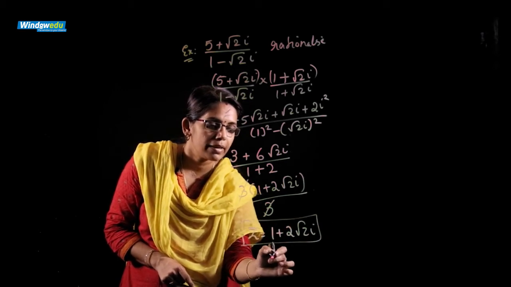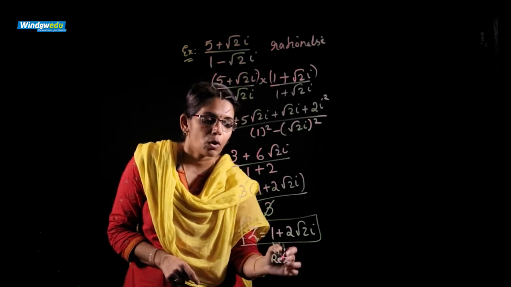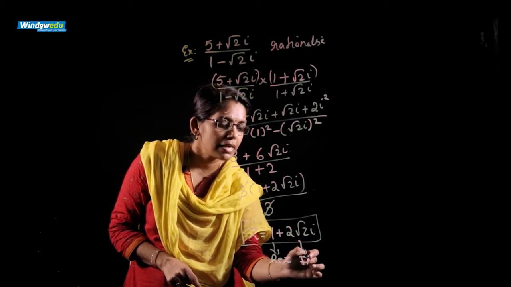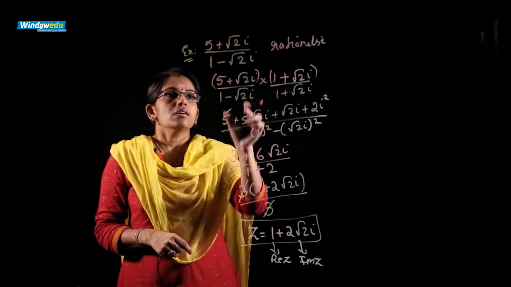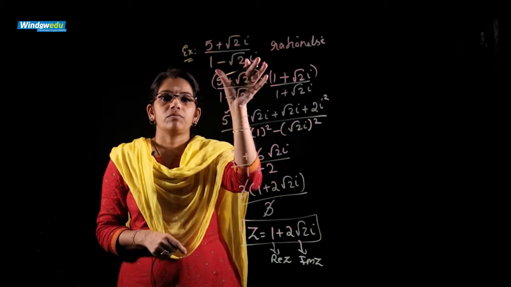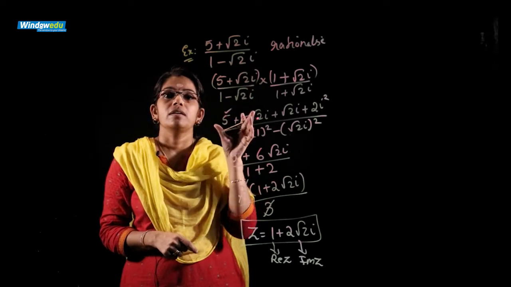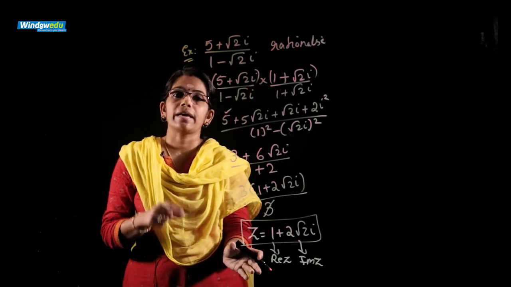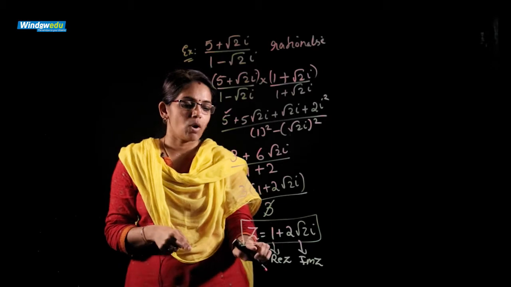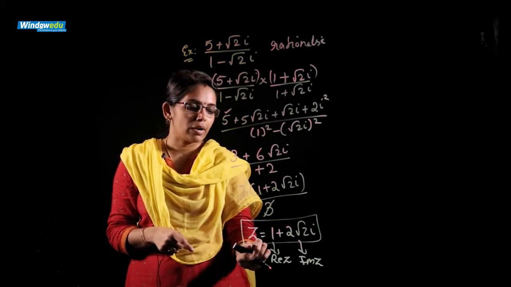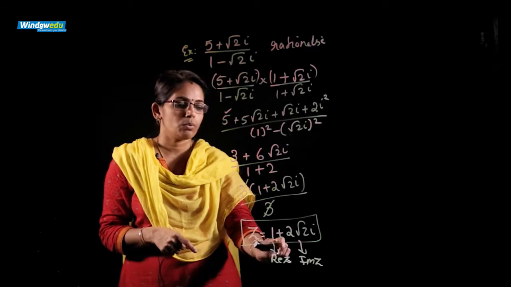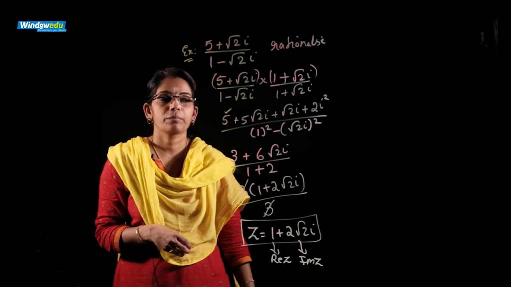This is our real part of complex number. This is imaginary part of the complex number. Okay. So, the question was, we have to find the solution of this and express this in complex form. So, first we have to solve this and we have to write like this: z equal to 1 plus 2 root 2i.